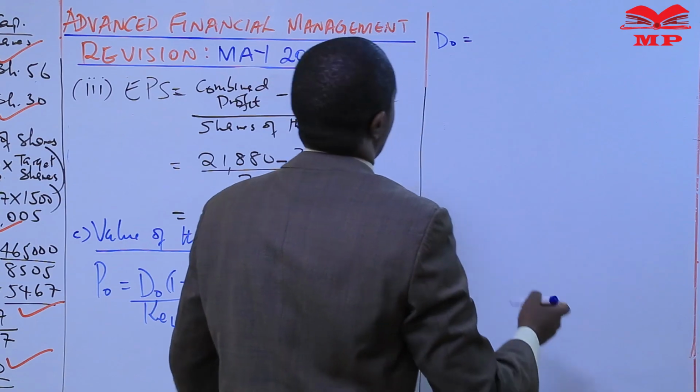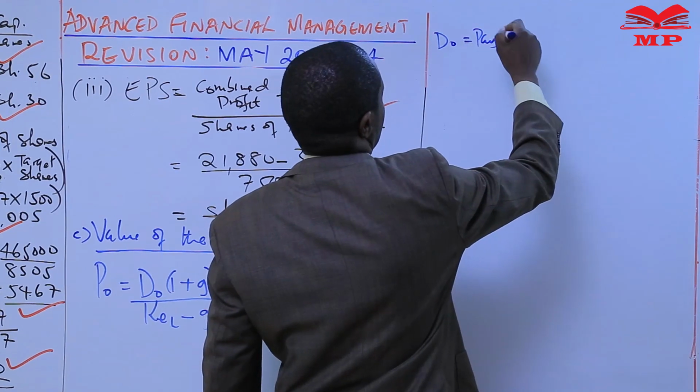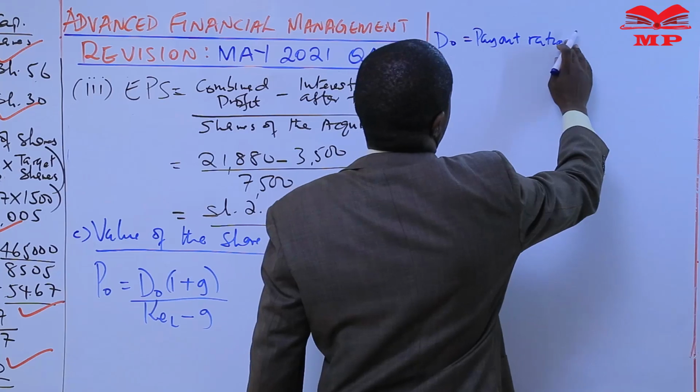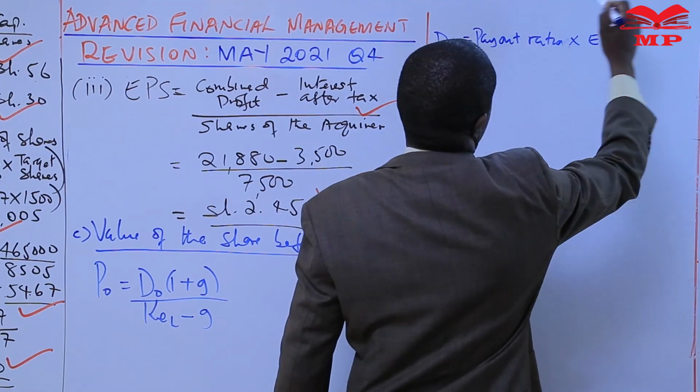So dividend per share will be equal to the payout ratio times the EPS.